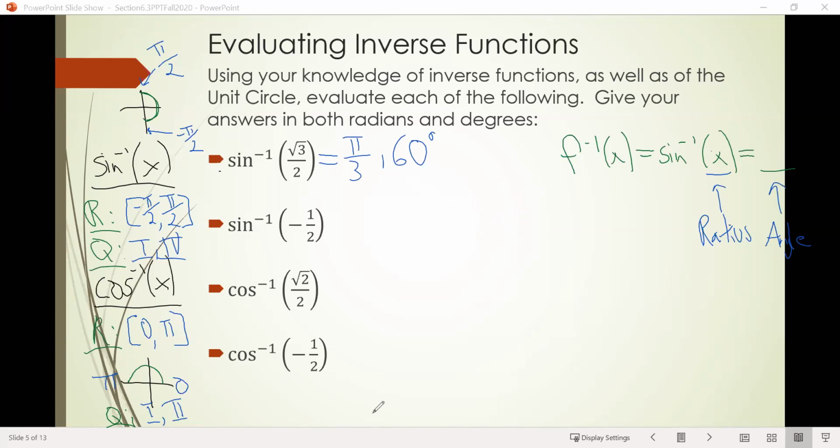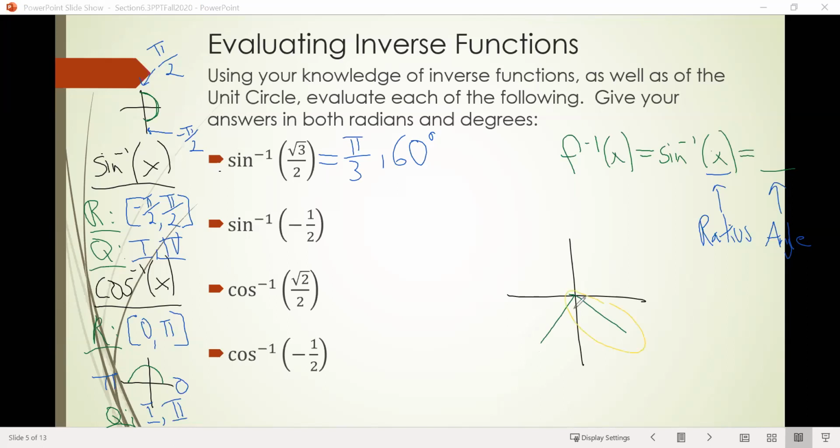All right, inverse sine then of -1/2. Again, thinking about our quadrants in the unit circle, we know that sine is negative in both the third and the fourth quadrant. But again, we know that answers from inverse sine only come from the fourth quadrant.